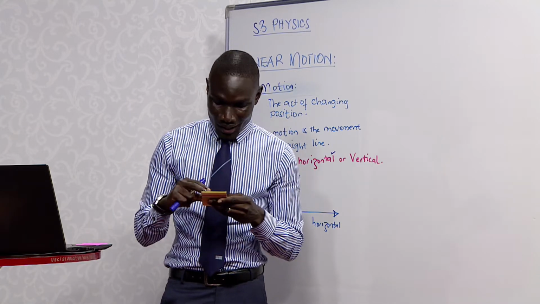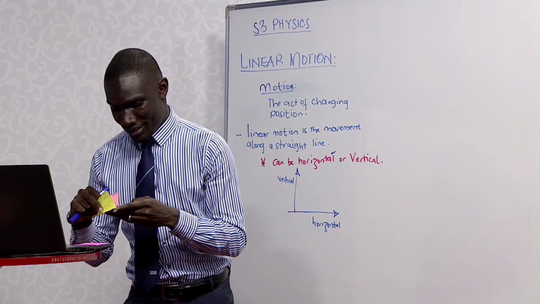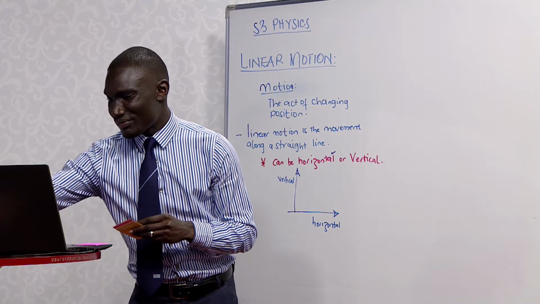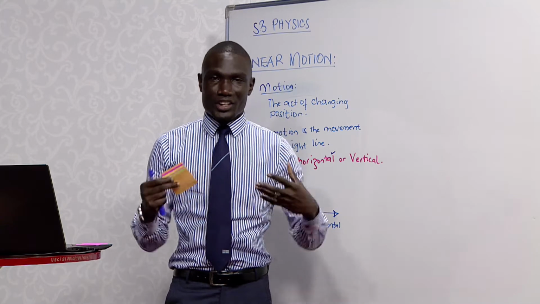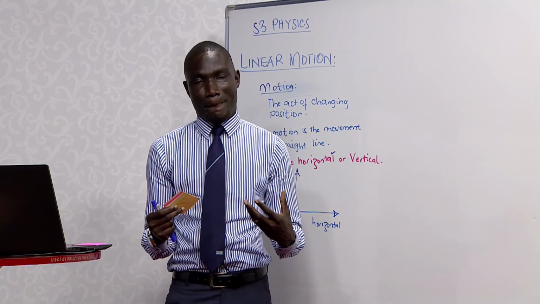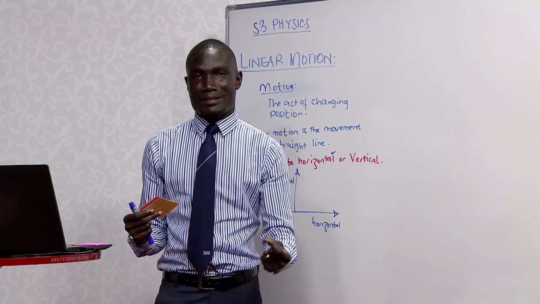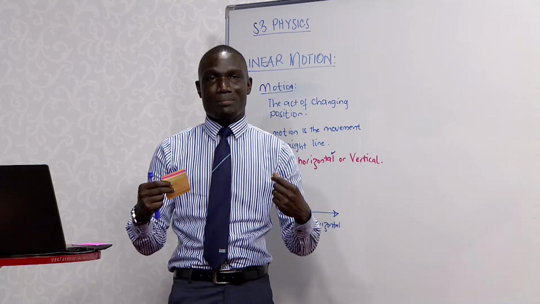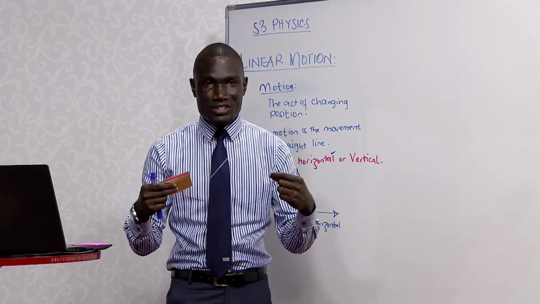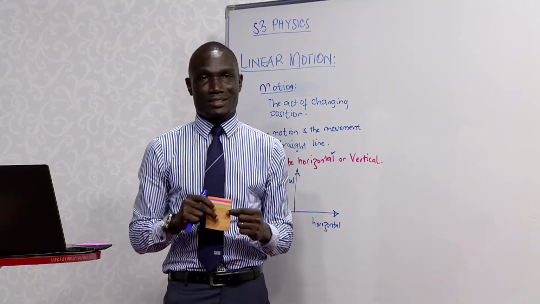Good. Now, the next thing we want to discuss is some terms. You see, each time a body is moving, there is a certain distance it is covering. There is a time this body takes to cover that particular distance.